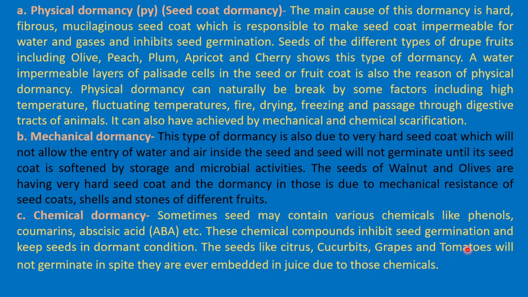They will germinate only after coming out of the fruit. So this type of dormancy is known as chemical dormancy. So you might have understood exogenous dormancy and its three types: physical dormancy, mechanical dormancy and chemical dormancy.